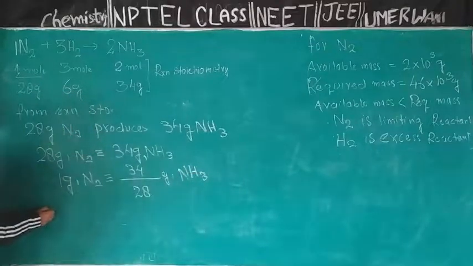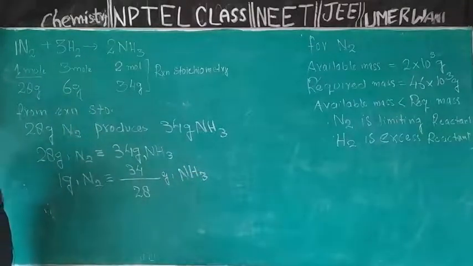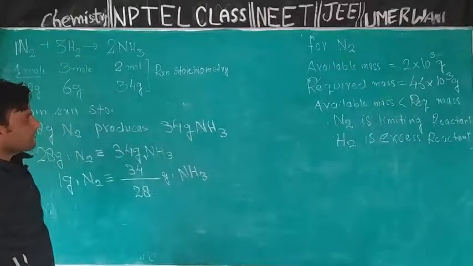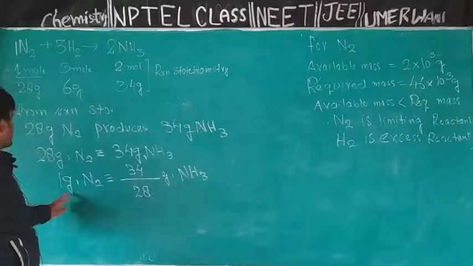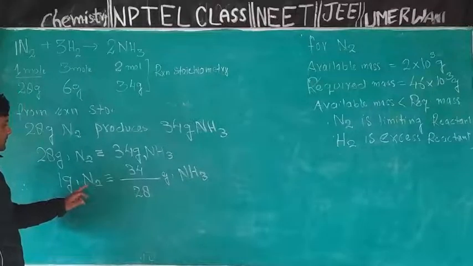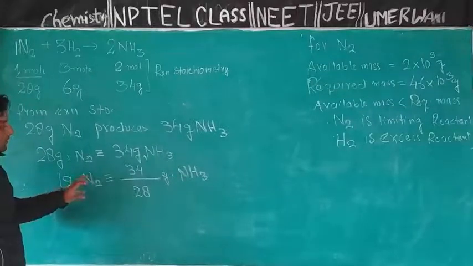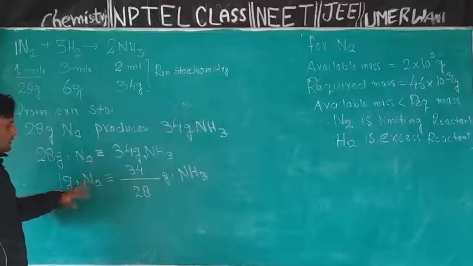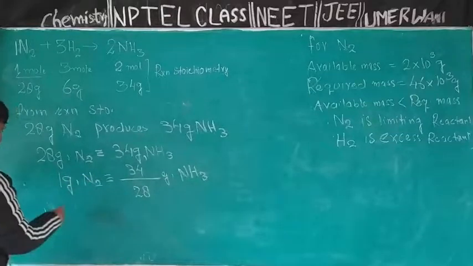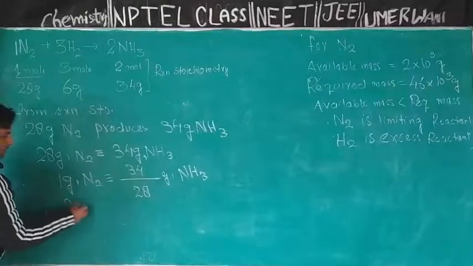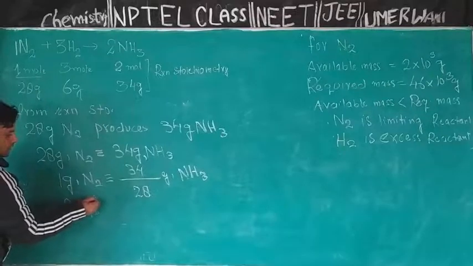Therefore, nitrogen is the limiting reagent, so it will be 100% consumed. Whatever mass we take will be completely consumed, and the mass we take is 2 into 10 raised to power 3 grams.